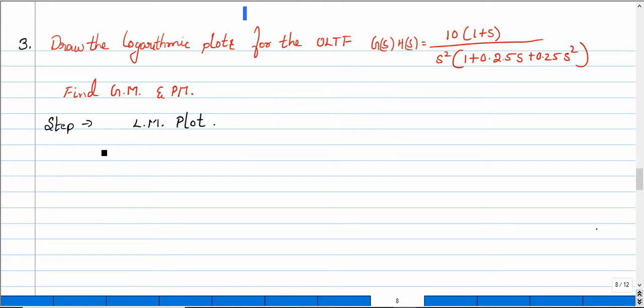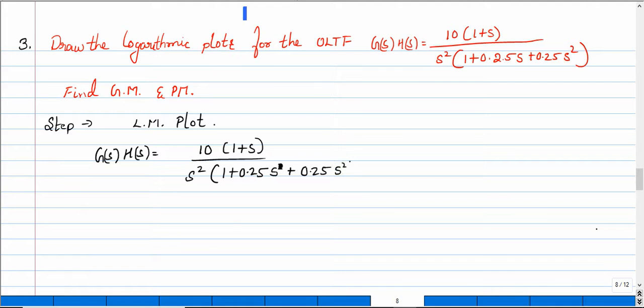Given G(s)H(s) is equal to 10 multiplied by (1 plus s), which is in the standard form, and s square followed by this particular term, 0.25 s square plus s plus 1.